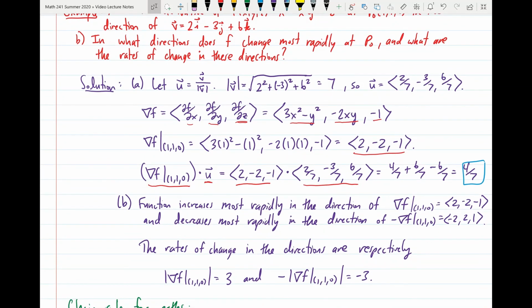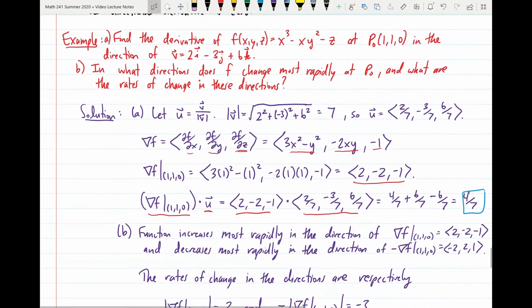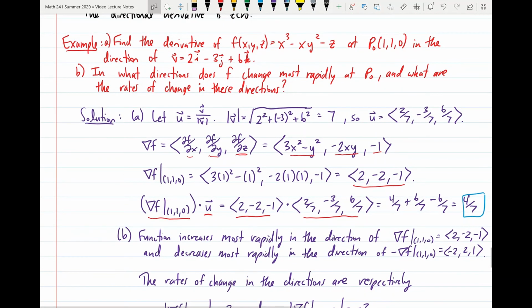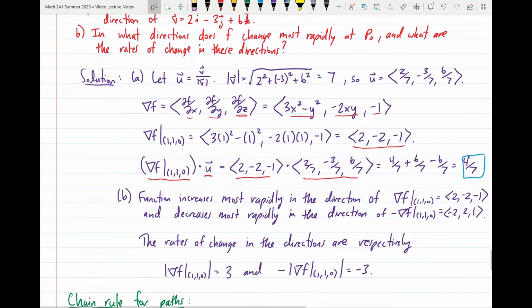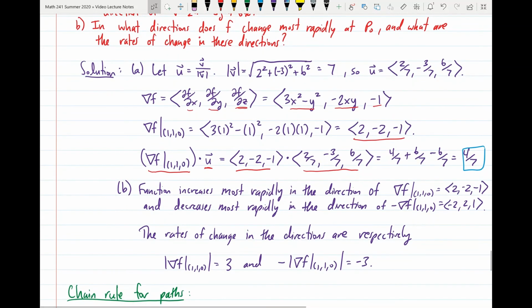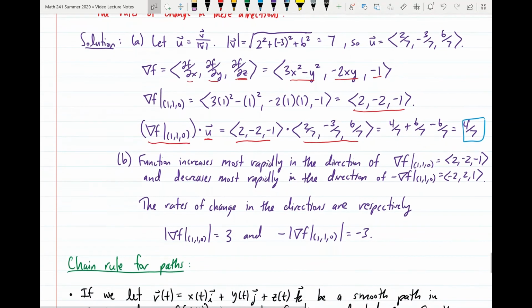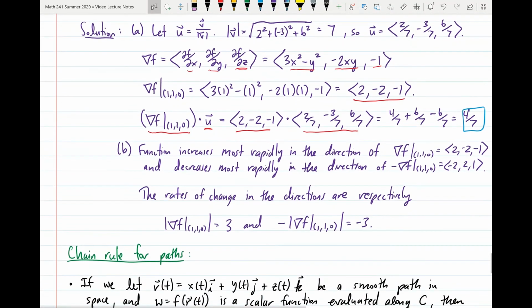So we want to find in what directions f changes most rapidly at the point (1, 1, 0), and what the rates of change are in these directions. So we're going to find when f increases most rapidly and when it decreases most rapidly. Well, we still have the same properties of the directional derivative.